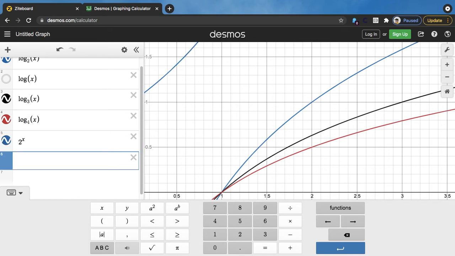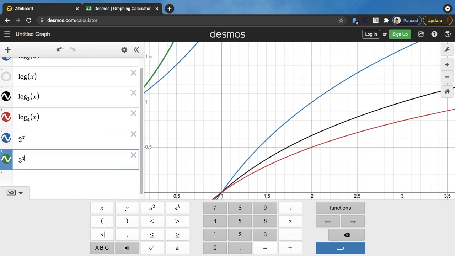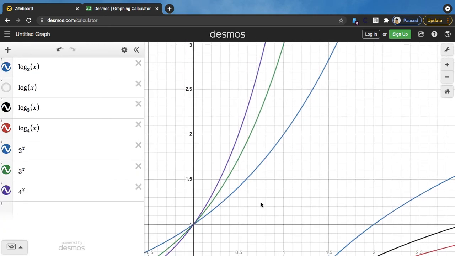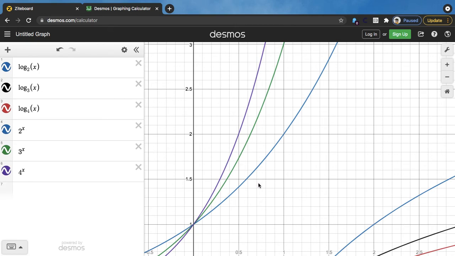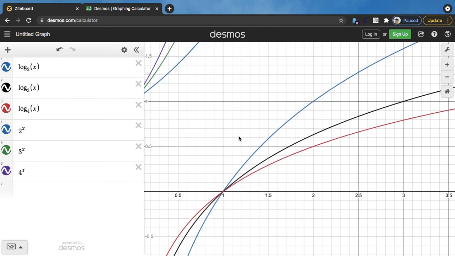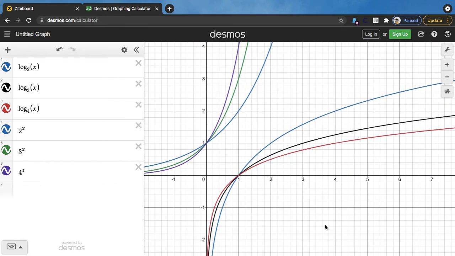When the base increased, the graph was going closer and closer to the y-axis. Now log is the inverse of exponent. So as the base increases, the graph will come closer and closer to the x-axis. Right? So behavior is matching in that way.